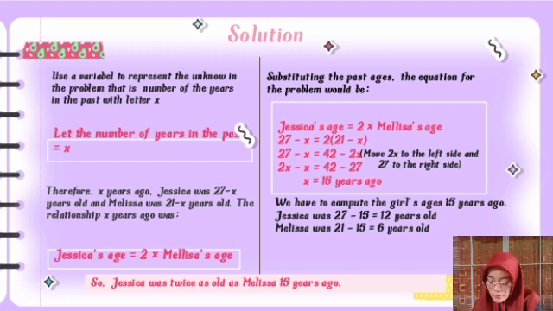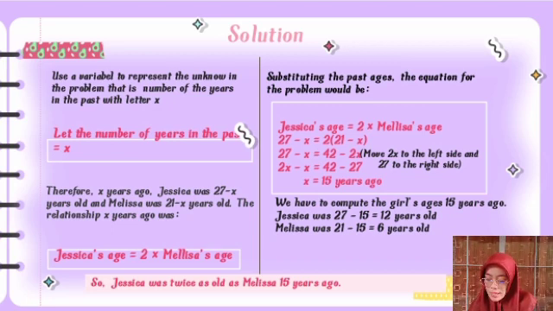So, 27 minus x equals 2 times 21 minus x. 27 minus x equals 42 minus 2x. Move the x's to the left side and 27 to the right side. So we get 2x minus x equals 42 minus 27. So we get x equals 15 years ago.